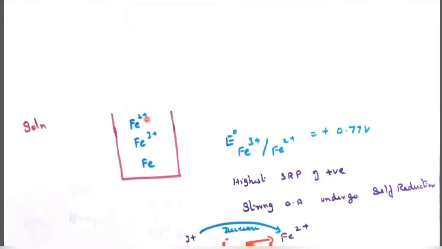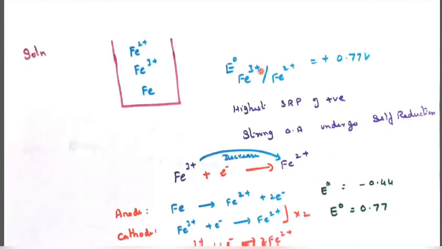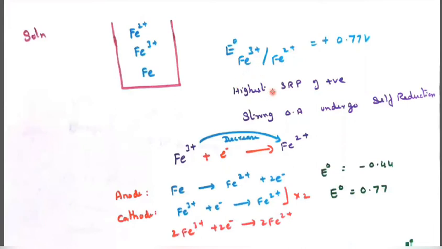Here we have Fe2+, Fe3+ and Fe. E naught for Fe3+ and Fe2+ is 0.77 volt, and E naught for Fe2+ and Fe is -0.44 volt. The highest reduction potential, if positive, means a strong oxidizing agent, which undergoes reduction itself. So Fe3+ is changed into Fe2+.